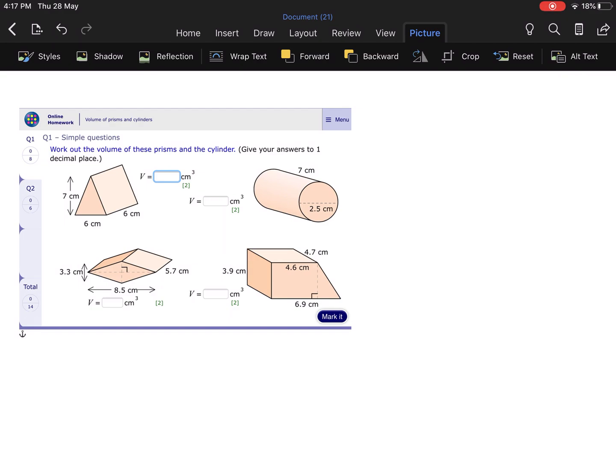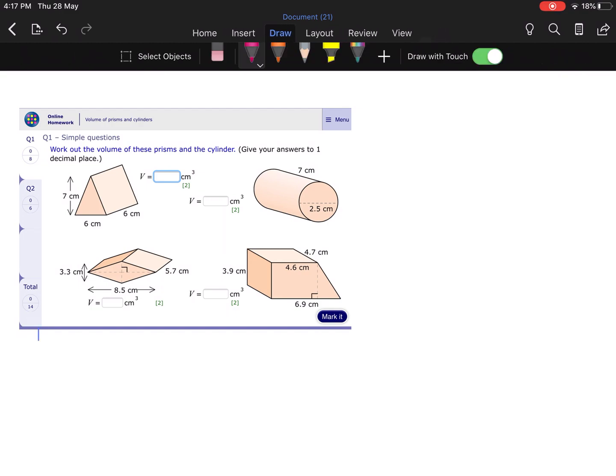So what you need to remember about volume of prisms is that V is equal to the area of the front face times the length, or the height. So we'll say the length, but you can also say the height.